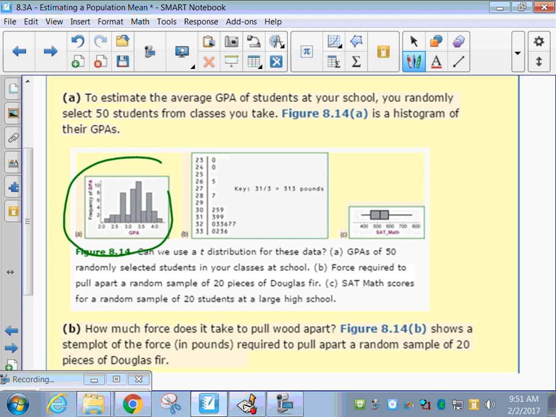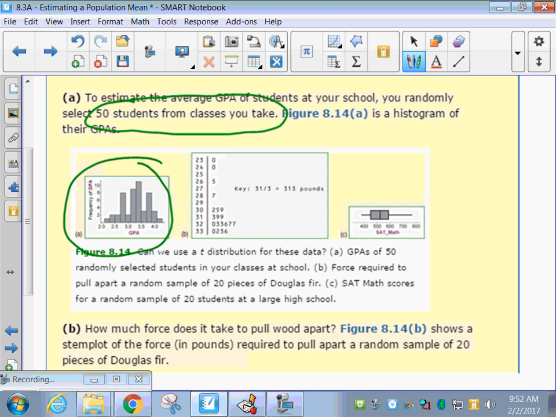You could say that's roughly symmetric. However, there's a problem with how they sampled, which is what we've talked about before. What's the problem with how they sampled on A? Yeah, it's not really a random sample if you're going to do it that way. All right? So A is no because it's not random, even though you have a symmetric graph.